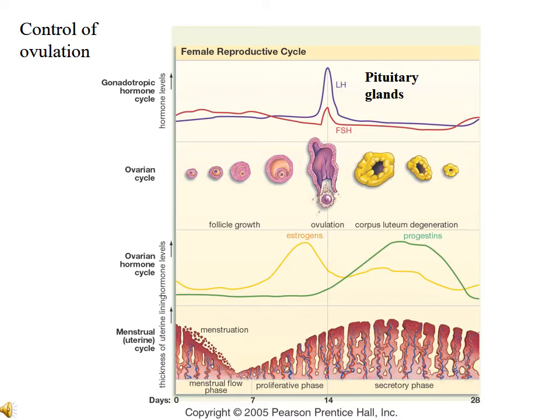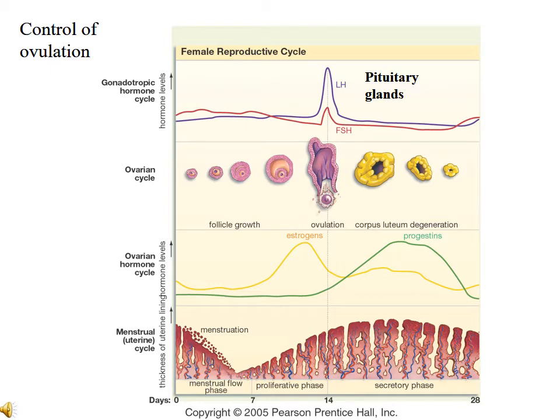So, let's look at the pituitary gland hormones and what happens when those hormones are released. As you can see, the hormones peak, the LH, which is luteinizing hormone, and the FSH, which is the follicle stimulating hormone, peak at about 14 days.